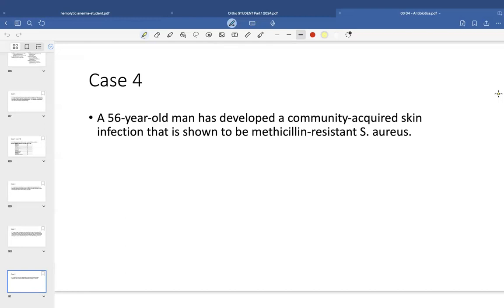At that point, we would use more targeted treatment. So the better way to think of it is as broader spectrum agents that cover a wide variety of bugs, used initially and short term, and then you go to narrower spectrum.